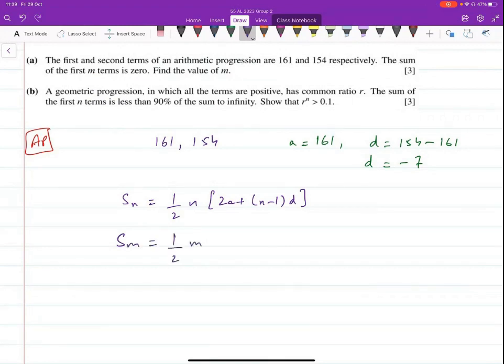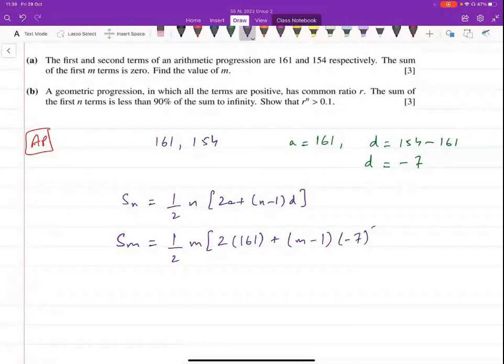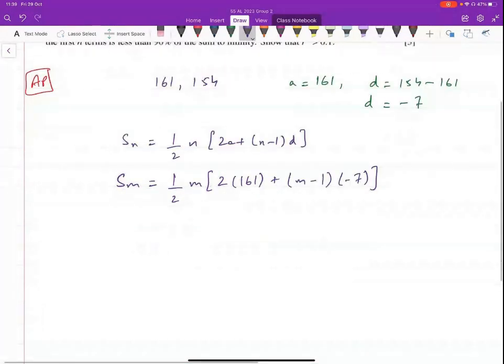Half m, and we also input the value of a and d there. That's going to be 2 into 161 plus m minus 1 times the difference. The difference is -7. This sum is equal to 0.